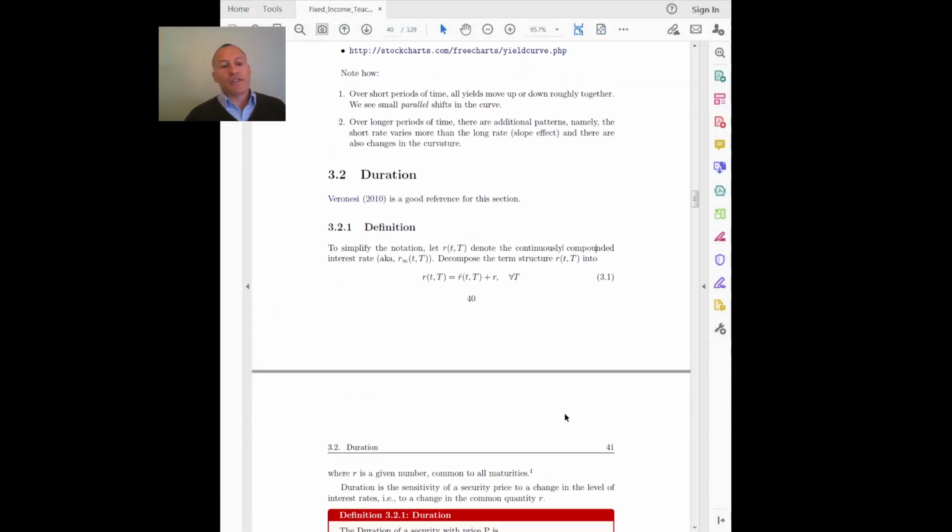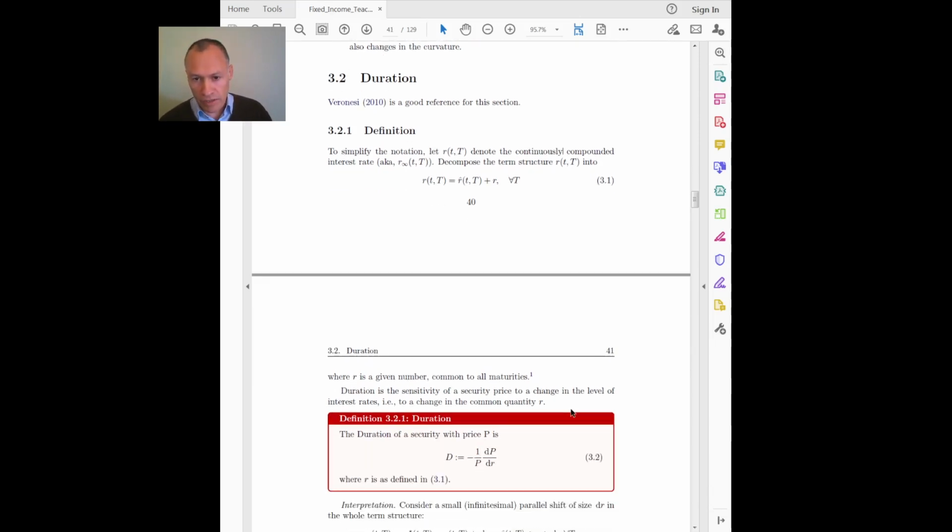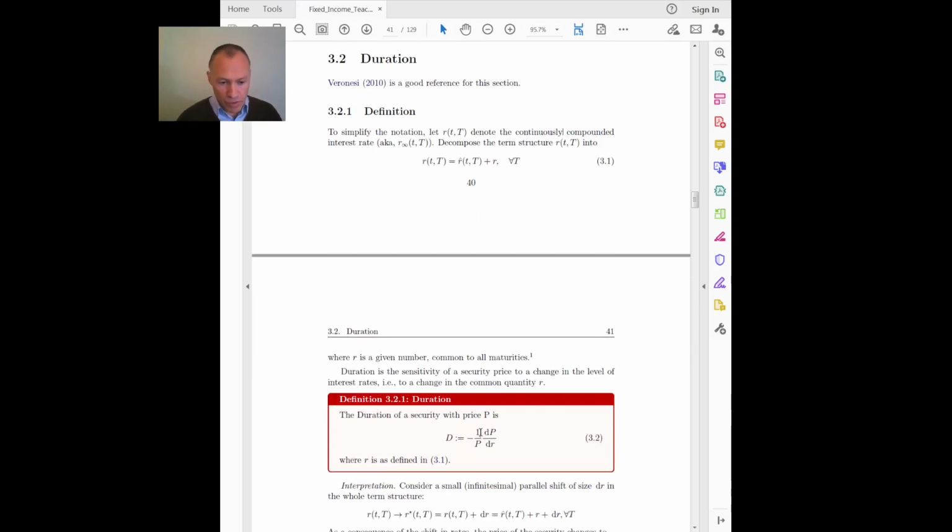Now the question is, if I want a mathematical object that captures the sensitivity of something with respect to some other variable, that mathematical object is a derivative. So what we are going to do is compute the derivative of the bond price with respect to interest rates.